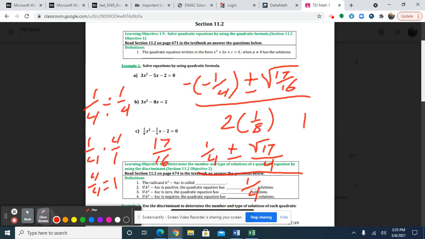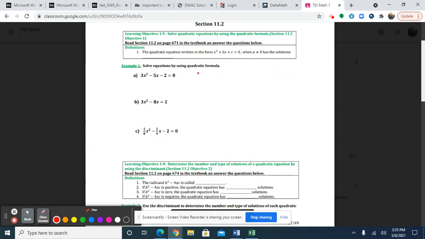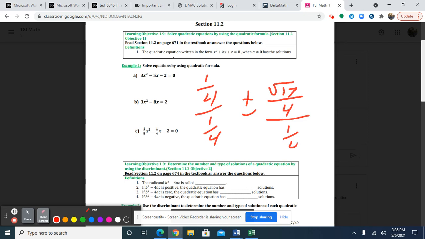and let me just go ahead and clear this so we can see it a little bit better. So 1 over 4 divided by 1 over 4, plus or minus the square root of 17 over 4, also divided by 1 over 4. So this over here simplifies to 1.